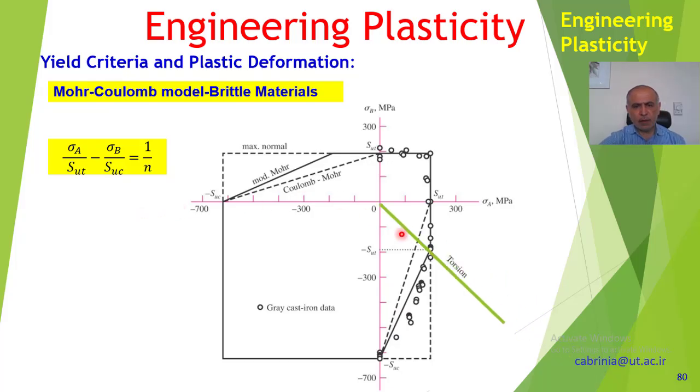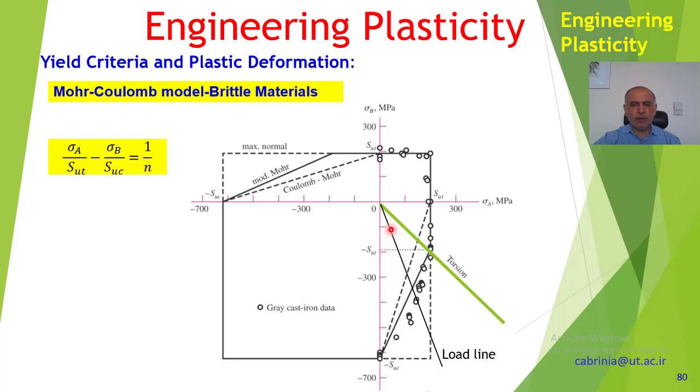Now, this is the torsion line, as I mentioned before. And if I draw a line like that, that is a load line. Of course, the load line could be anywhere, but I've just drawn an arbitrary line here. So it means that the yielding according to the modified Mohr-Coulomb model is here, according to the Mohr-Coulomb model is here.